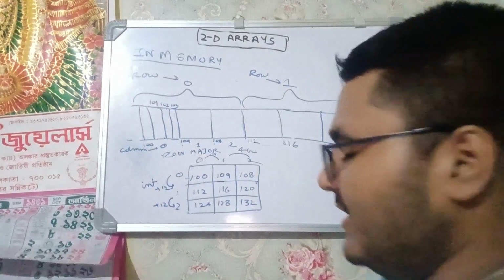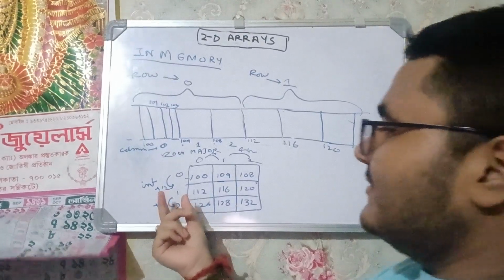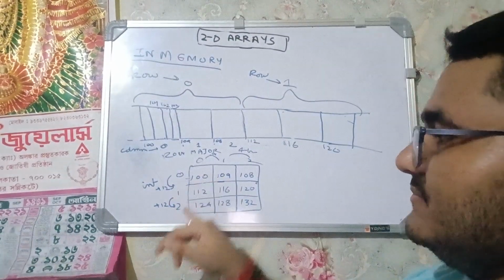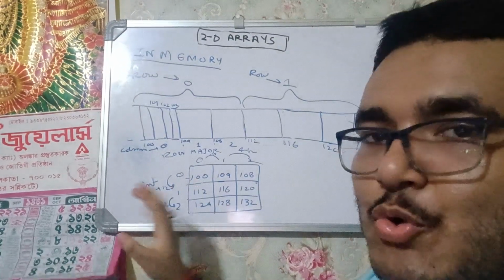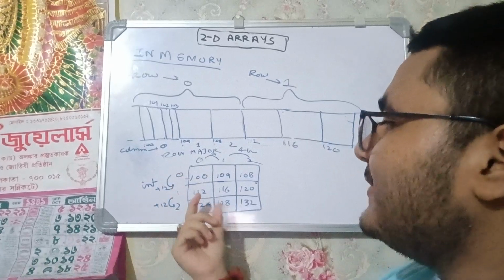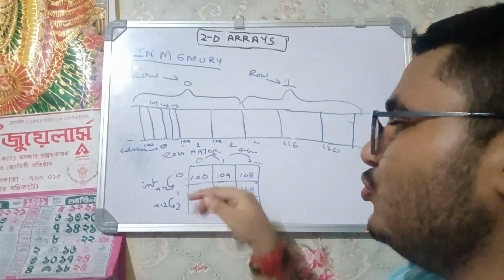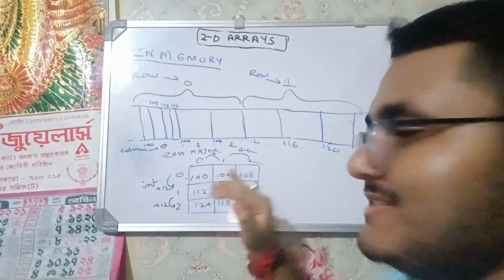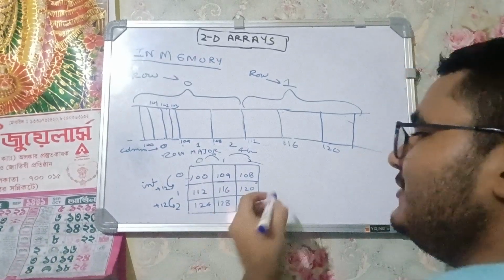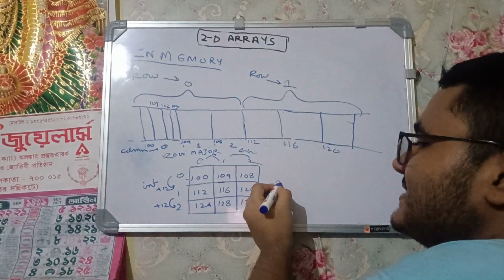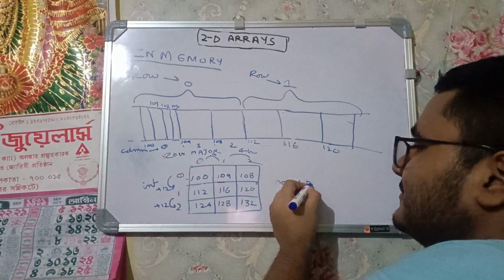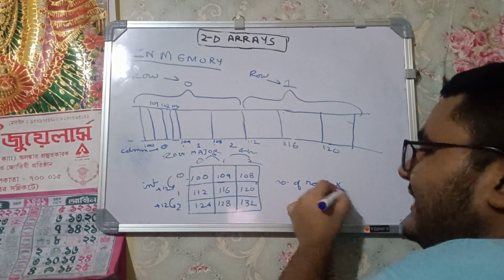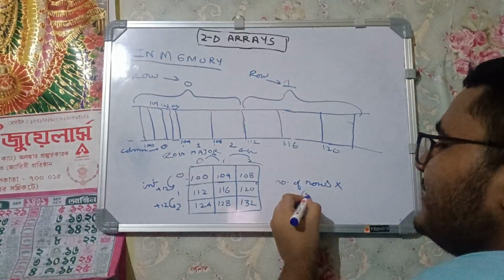Fine. That means we can say, in case of row major, the byte gap between two rows is the number of rows into size of data type.